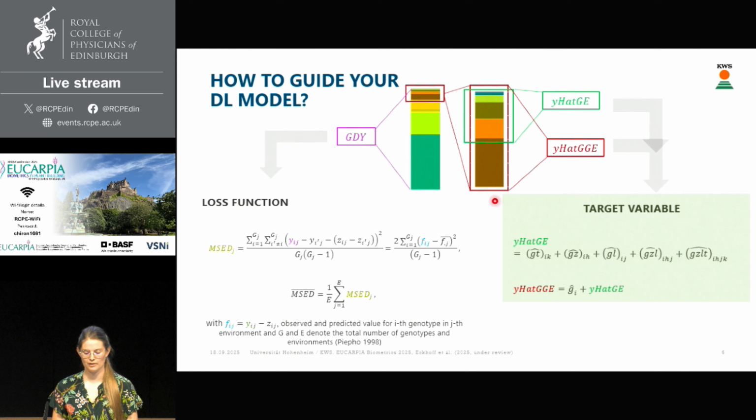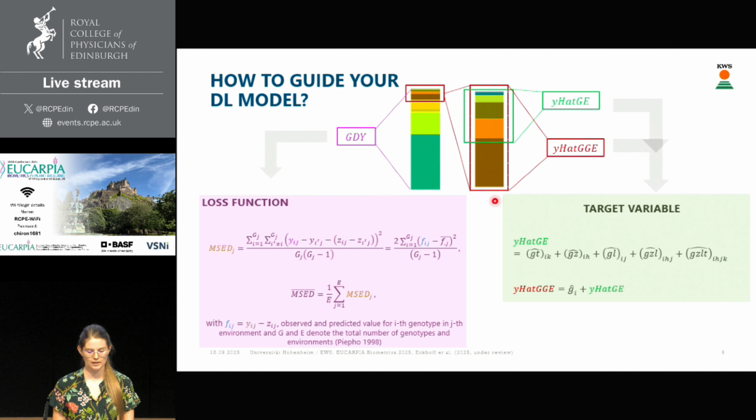And we have two different types of it here. In green, you see the y hat GE, which is the sum of all the genotype times environment interaction effects. And in red, you see the y hat GGE, which additionally includes the genotype main effect. And now this is what you're going to supply as a target variable to your deep learning model instead of yield per se.